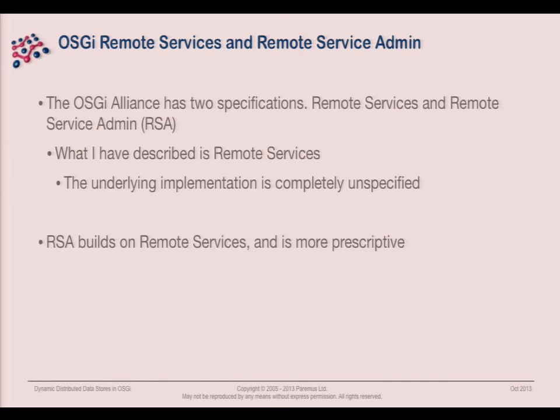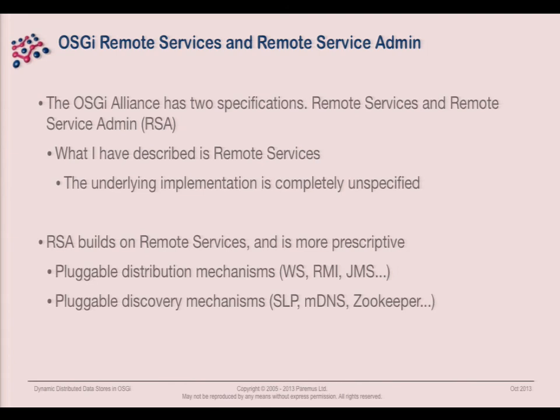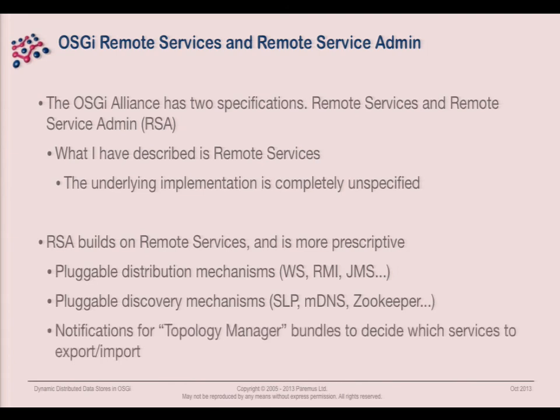And RSA is kind of built on top of remote services. So RSA works with remote services, but it tells you a lot more about how the guts of it work. So you've got pluggable distribution mechanisms, you've got pluggable discovery mechanisms, and you've got notifications that allow topology manager bundles to mess around and decide actually what should be exported and what should be imported.